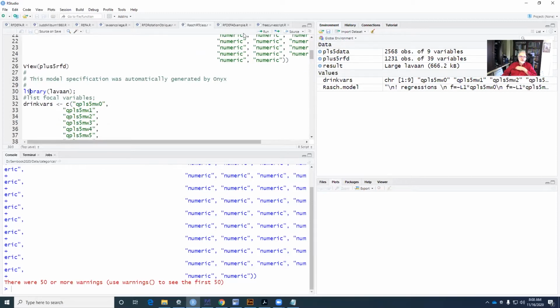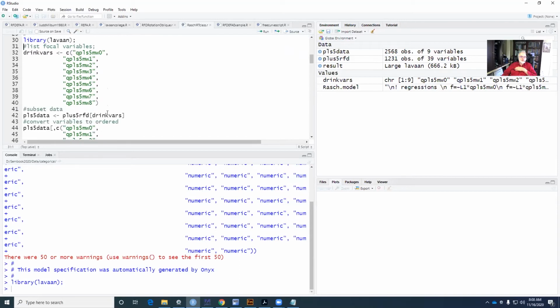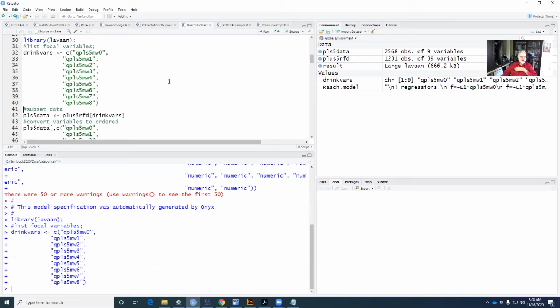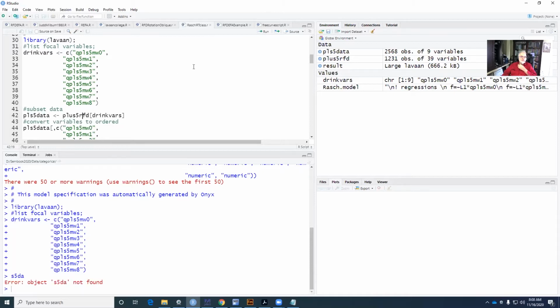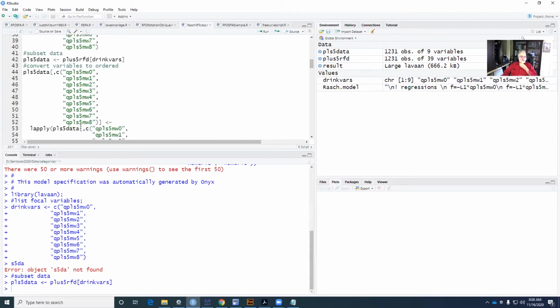So to get into lavaan, we will call up that library. And to do just an item response theory model, I'm going to mention only the variables that I have in the data set, and then I'm going to subset my data set and create a data set of only the items.